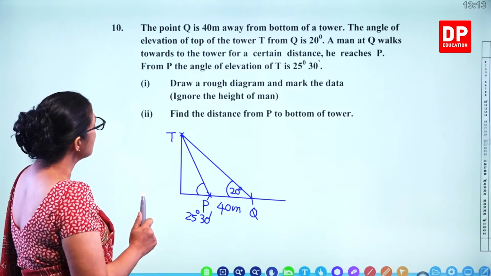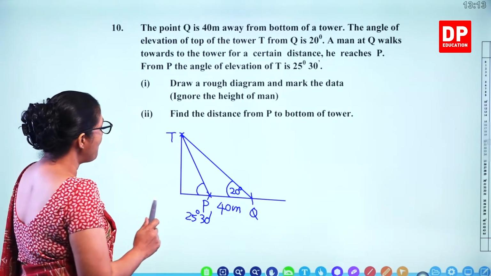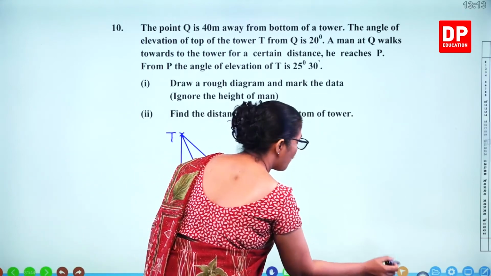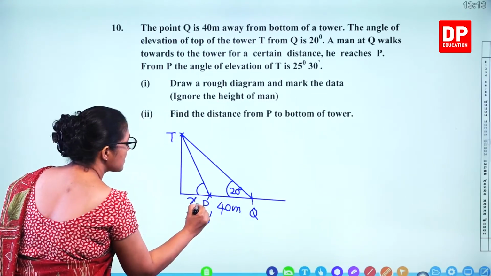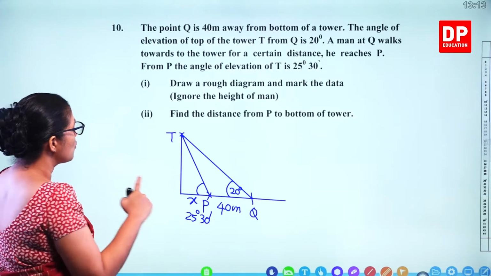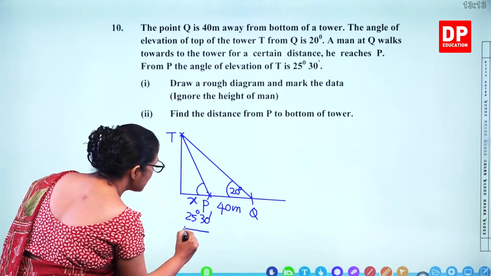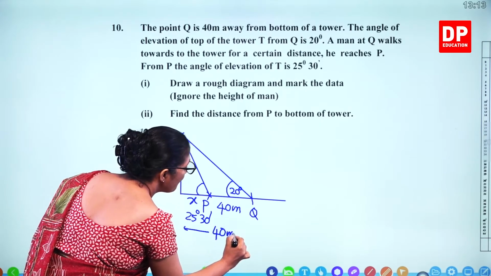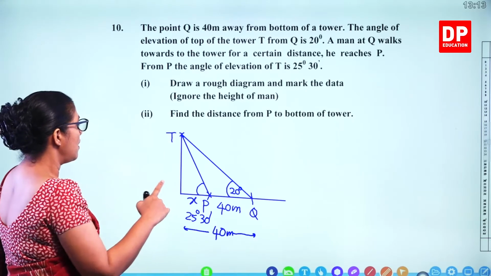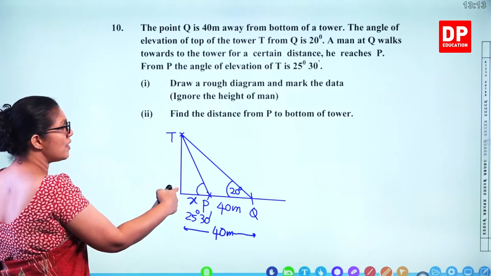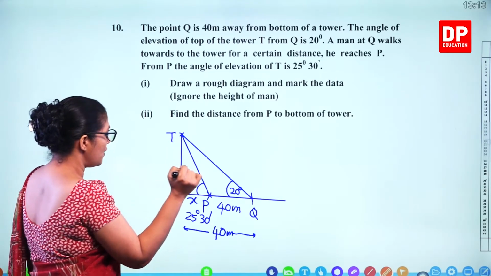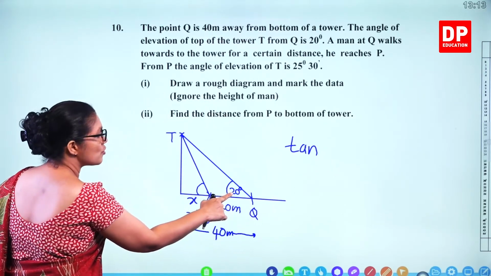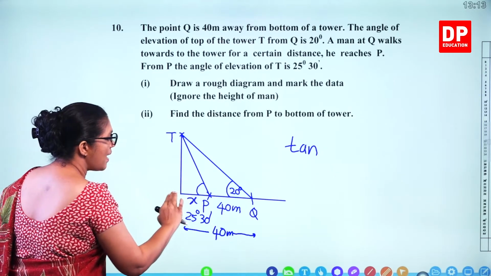Now second part, find the distance from P to the bottom of the tower. So you need to find out this distance. I'll put X here. So we know the total distance is 40. So this 40 means here to here. So we can first find the height of the tower. So what we can use, tan ratio. Tan 20. To this angle, this is opposite and this is adjacent.